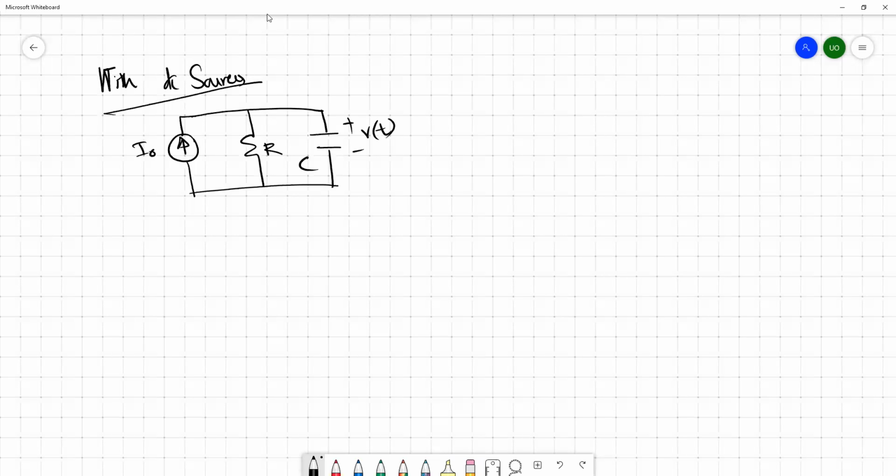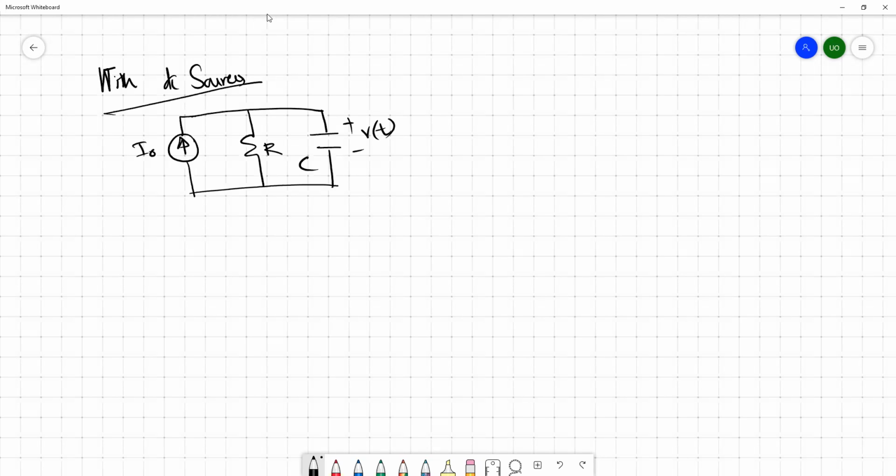We have an RC circuit which is connected to a DC current source, and we are asked to analyze the circuit. So we'll try to do that.